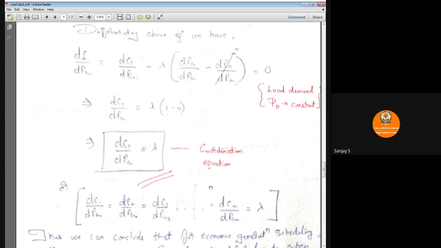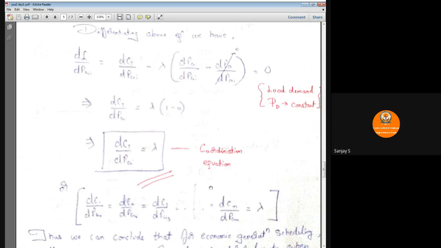Do you remember this? In the last class when I was defining about the incremental fuel cost curve, I had given two equations. One is cost equation, the other one is incremental fuel cost equation.